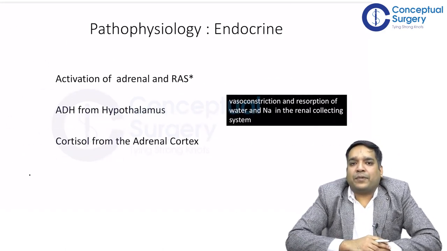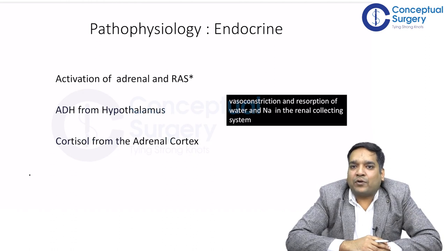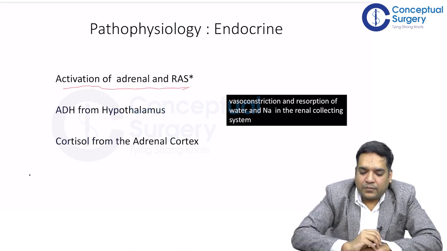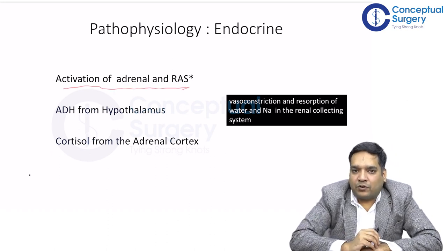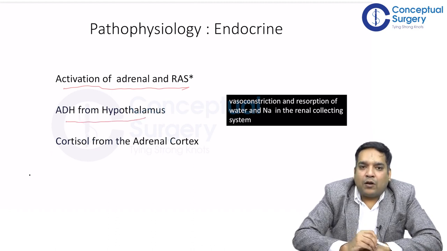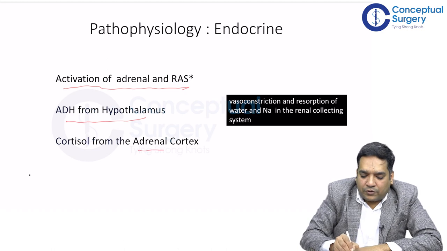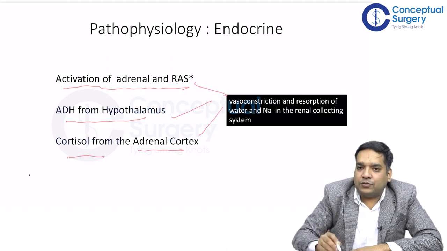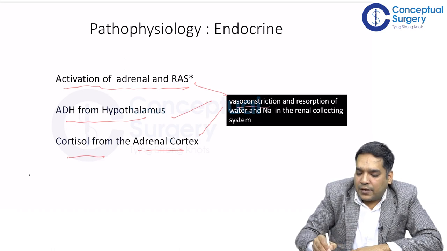So, now what is the pathophysiology of shock at the endocrine level? It is seen that shock leads to activation of the adrenal and the RAS system, right? The renin, angiotensin, aldosterone system, and ADH is also released from the hypothalamus. Along with that, the adrenal cortex also releases cortisol. So, all these three lead to vasoconstriction and resorption of water and sodium in the renal collecting system, right?